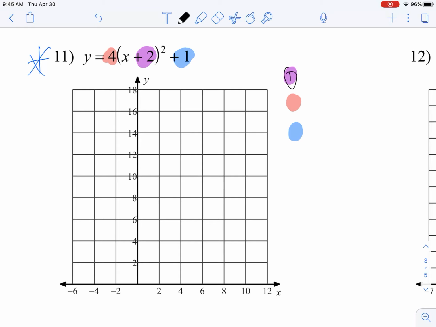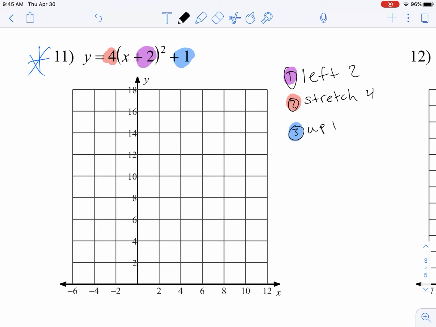The opposite of plus 2 is to move left 2. Our second transformation is a vertical stretch of 4. And then our third thing is we're moving up 1.